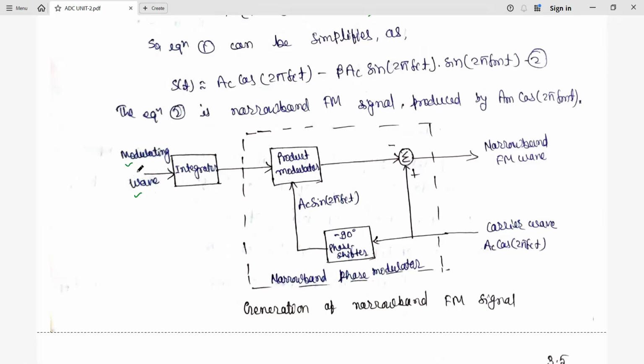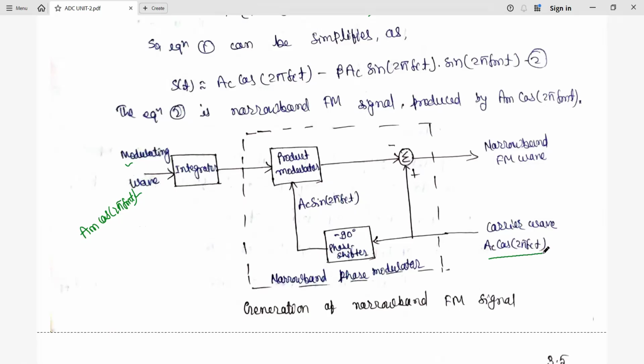The integrated output is given to the product modulator. The message signal is Am cos 2 pi fm t, so integration of this gives sine 2 pi fm t, which is given to the product modulator.